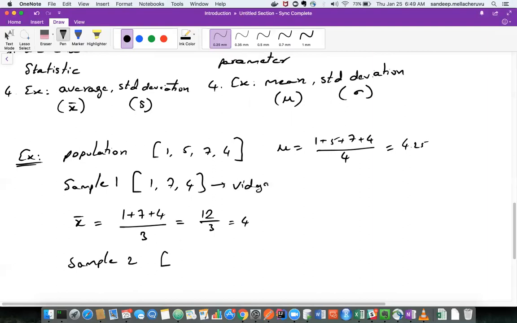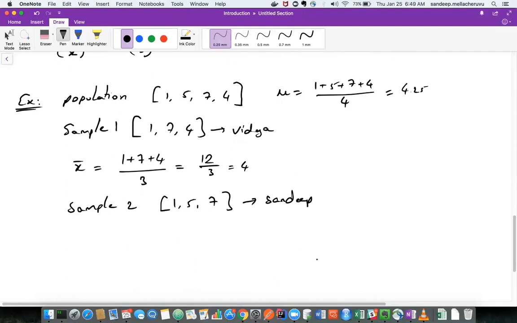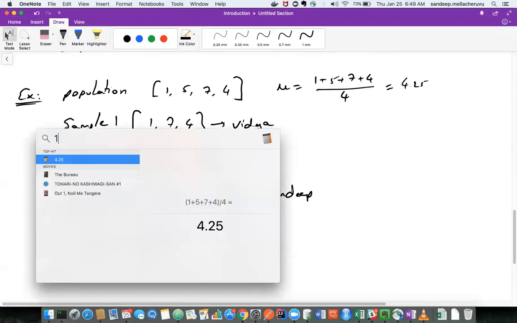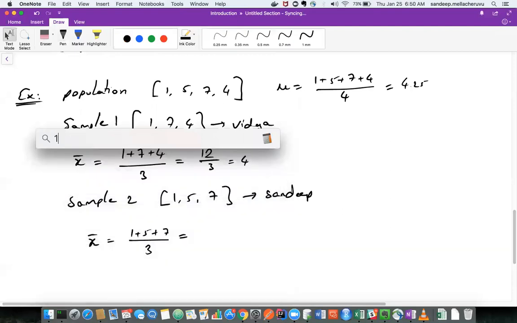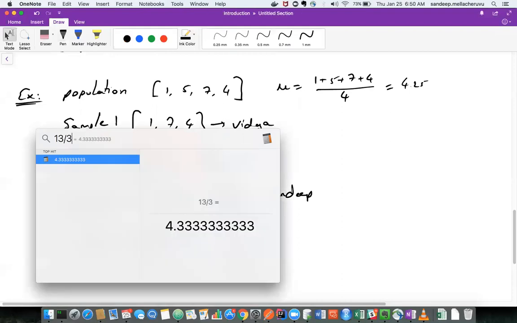And let's say I'm taking another sample, 1, 5 and 7, collected by Sandeep. Everyone can collect a different sample, right? Now the X bar will be 1 plus 5 plus 7 by 3, which is 13 by 3, 4.33.